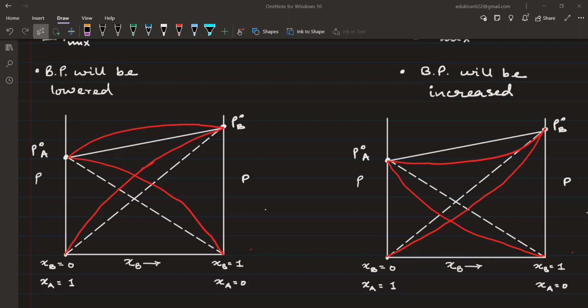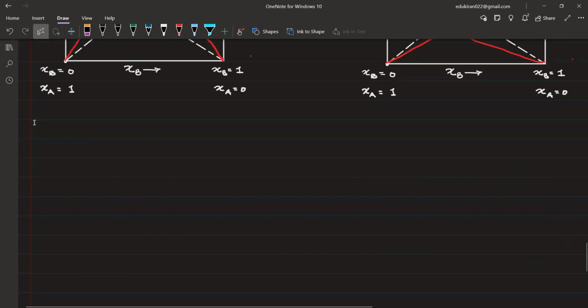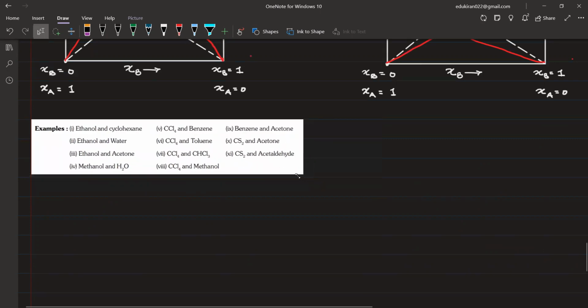Let us write some examples for positive deviation. Okay, all of these are examples for positive deviation.